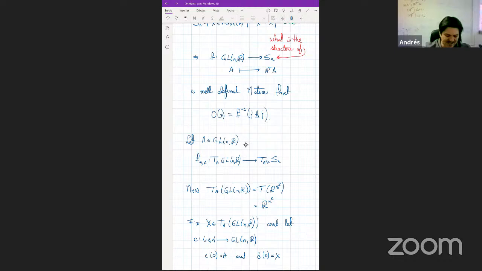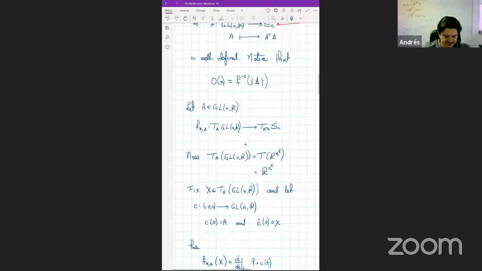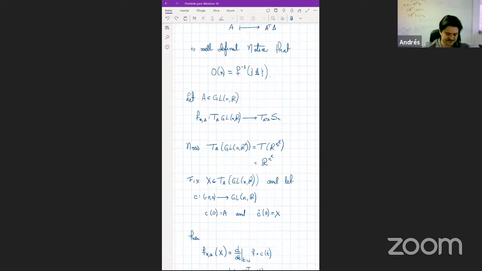So I consider any curve that takes the value A at 0 and whose derivative is the vector X. Then I can compute the differential of F. Remember, this is the formula that we saw already, how to compute the push forward of a vector.